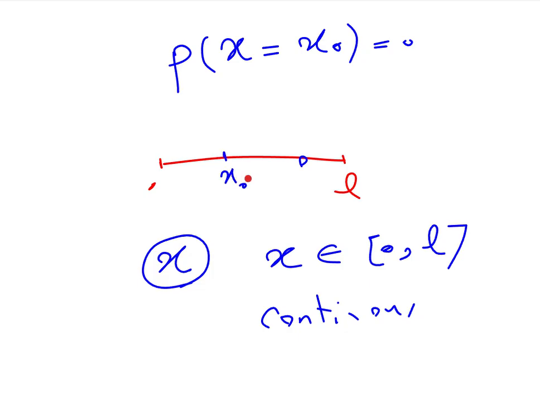The probability that a continuous random variable is exactly equal to a specific value is 0 because it's continuous. We have infinitely many numbers in the interval between 0 and L, so the probability that our random variable is equal to a specific number in this interval is 0, because we have infinitely many points in this interval. They are continuous. Okay?